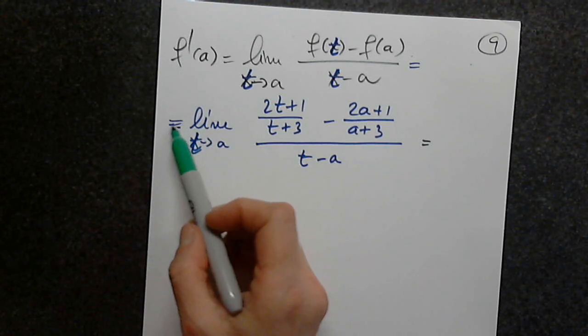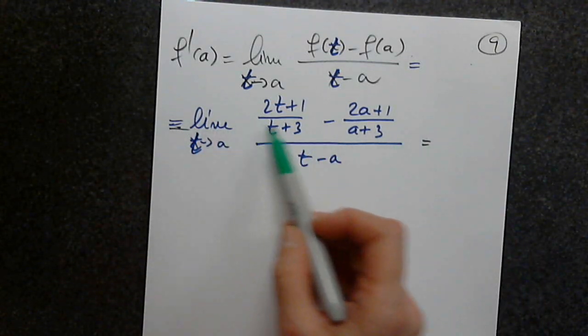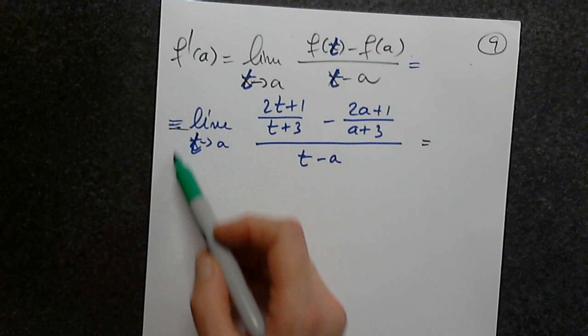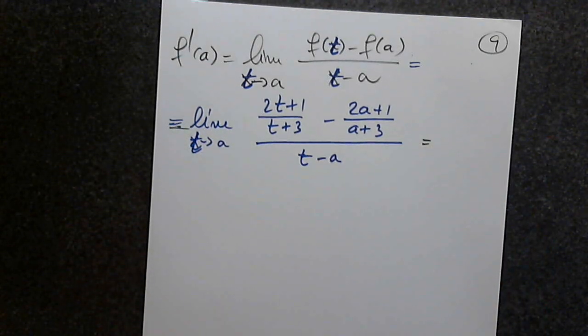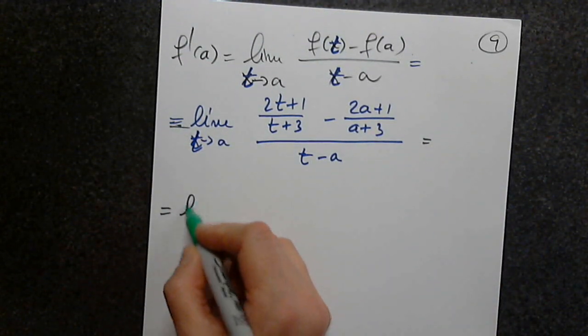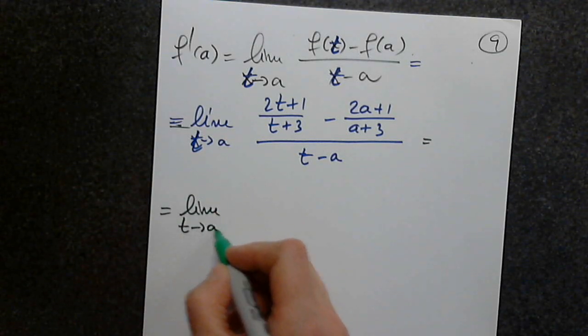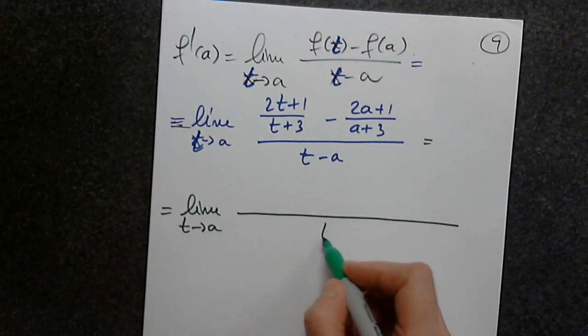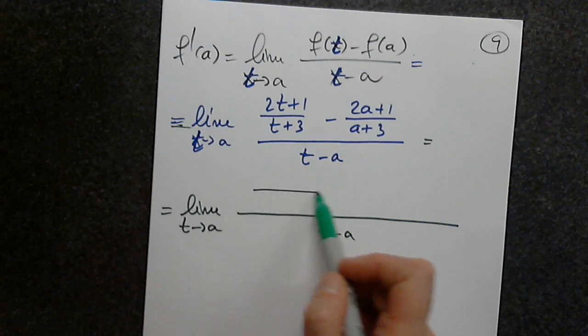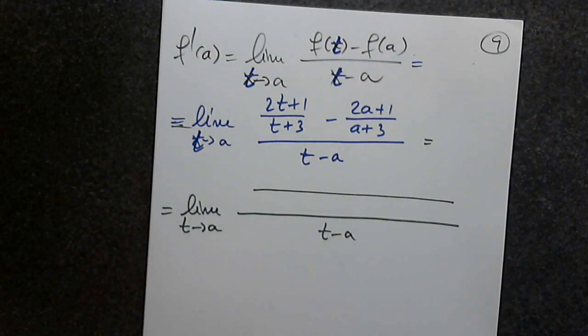Good. All these should have been on the same line, so my apologies. This step is not written correctly. Good, I'm making it correct right now. Least common denominator in the numerator, please.